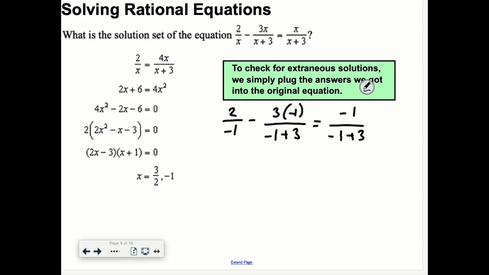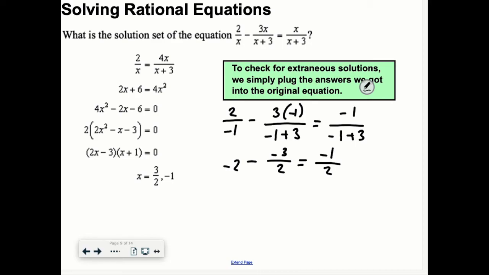And if I simplify this, this is just going to be negative 2. This is going to be minus negative 3 over 2 is equal to negative 1 over 2.